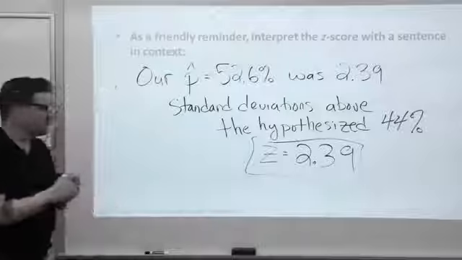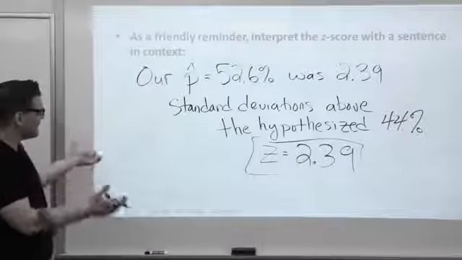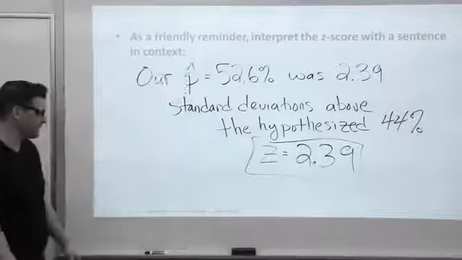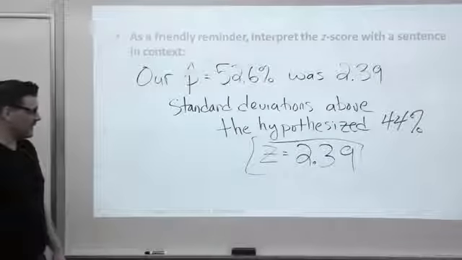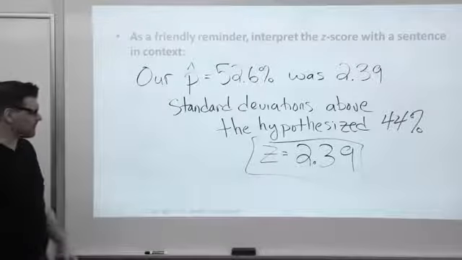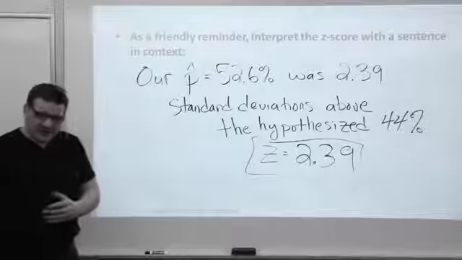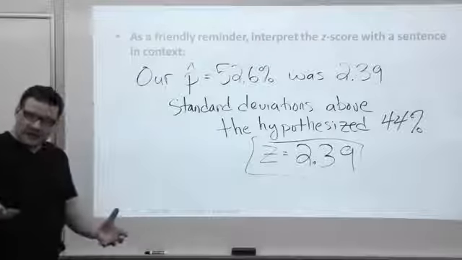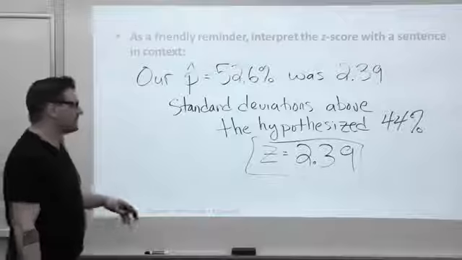It's essentially what we've just discovered here. The data value was a good 2.39 standard deviations above that hypothesized 44%. More than 2 is unusual, more than 3 is rare. We're sort of squeezed in between.